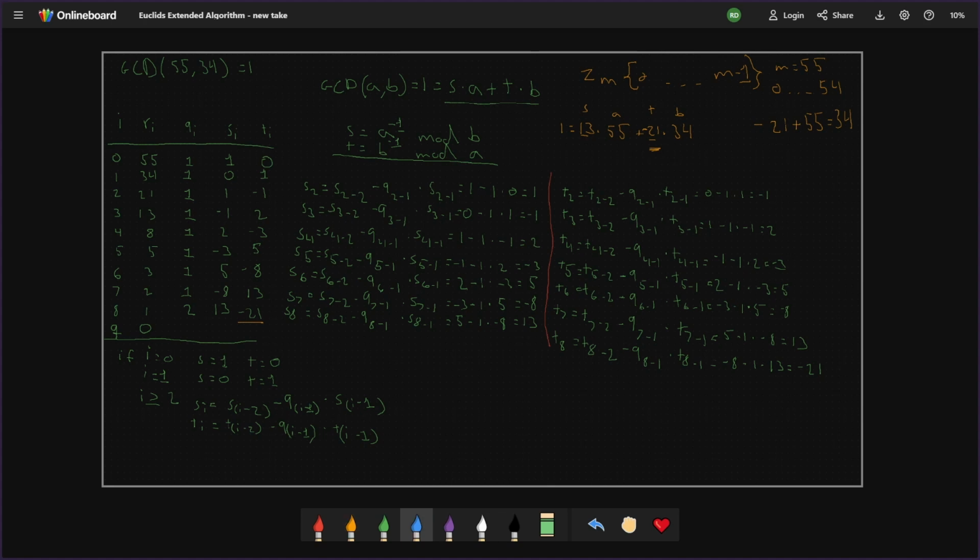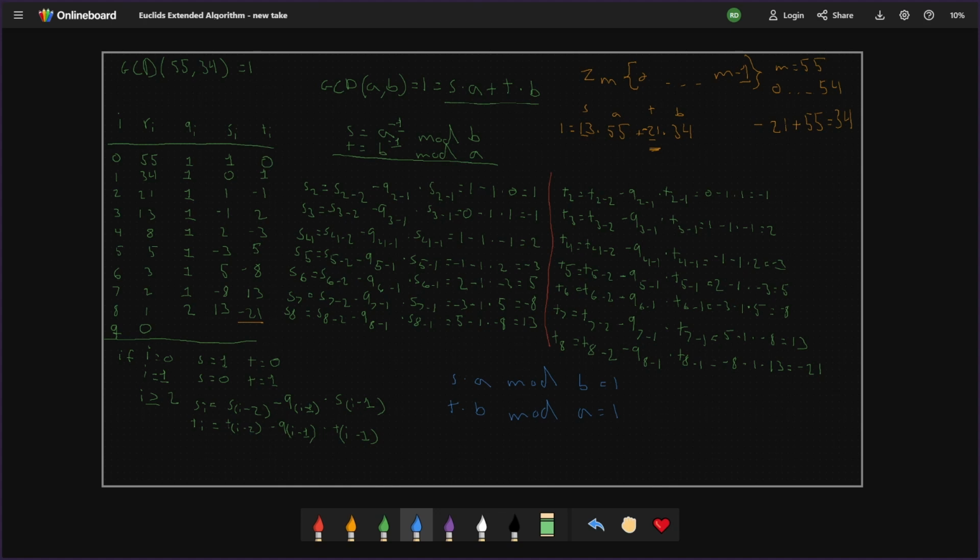So to sum up, and just as a reminder, the multiplicative inverse is the value that we multiply onto a value modulo m such that the result is 1. So in our instance, that means that we have to take s multiplied by a mod b, and that should be equal to 1. And we should take t multiplied by b modulo a, and that should be equal to 1.